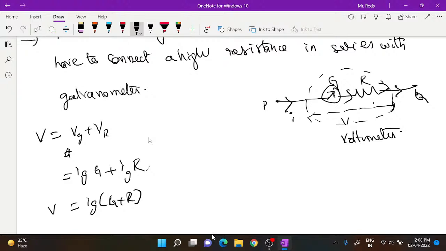So depending on the given data, you have to use different relations here. Let us say this is 1 and this is 2.